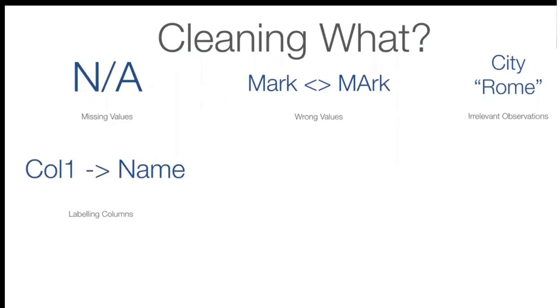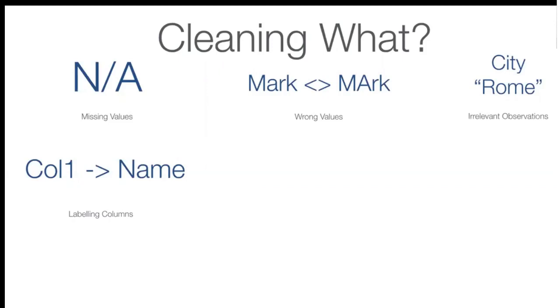Then we should label the columns. Most of the time when you connect to a raw data source, the columns are named column A, B, and C. If you feed the machine learning model with column A, B, and C, the machine learning model will just produce some predictions. And the machine learning model will not care if you have a column called A or person name.